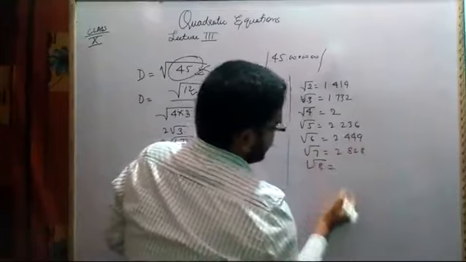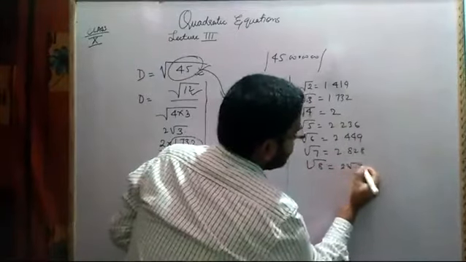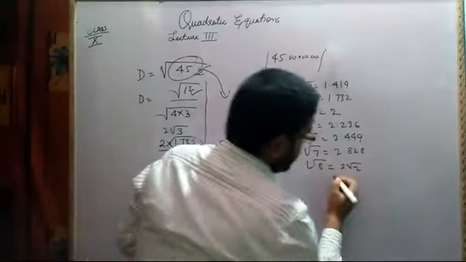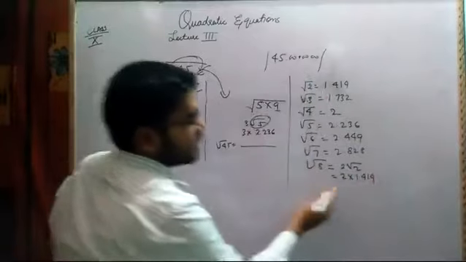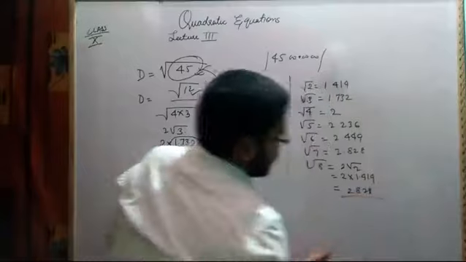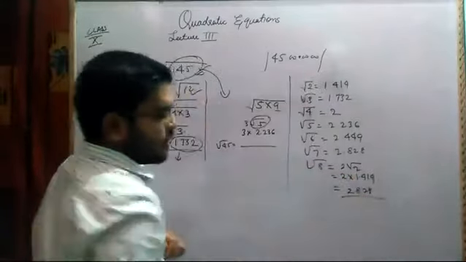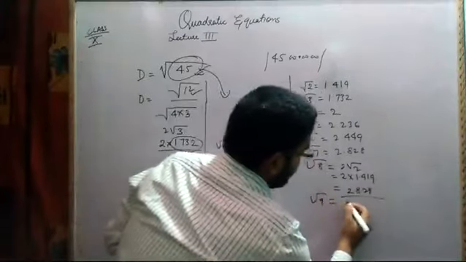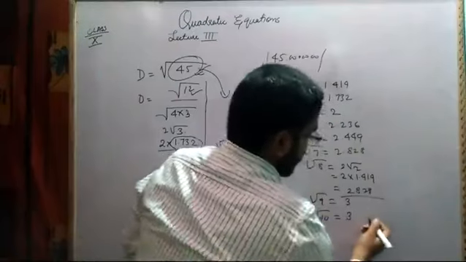Root 8, no need to learn by heart, you can see 2 into 2 root 2, so you write 2 into 1.414, multiply it, and you will get the answer 2.828. Now root 9, I hope everyone knows, is 3. Root 10 is equal to 3.162.